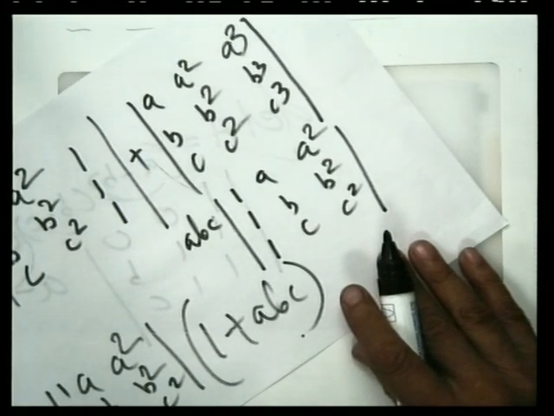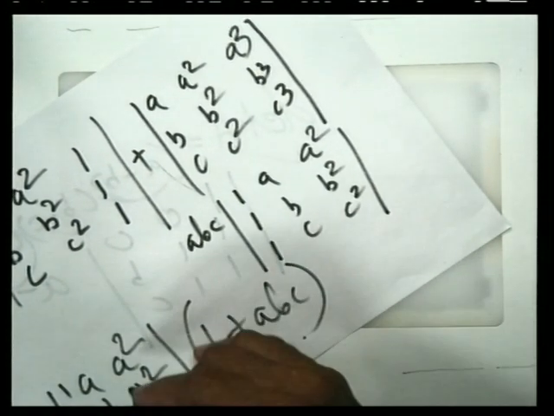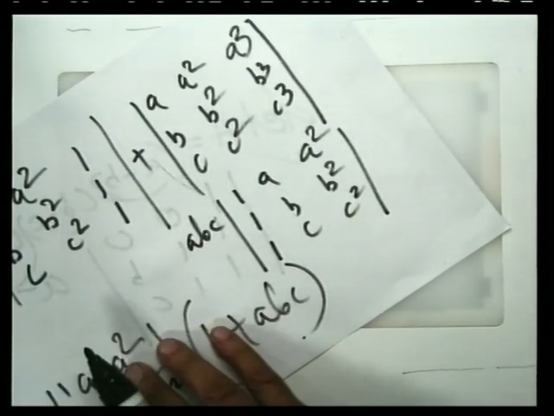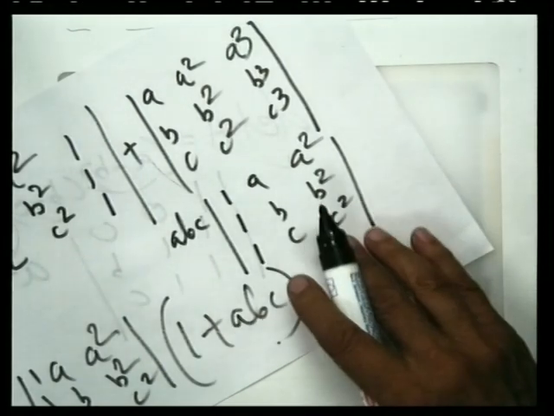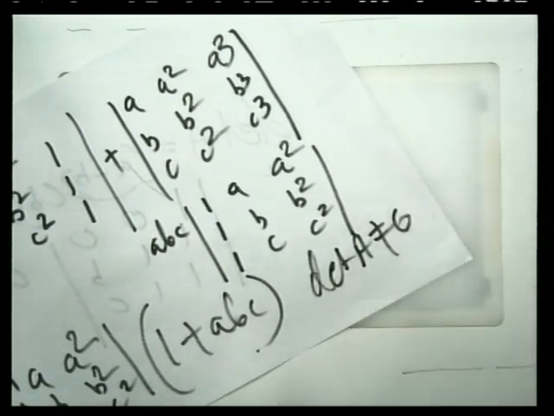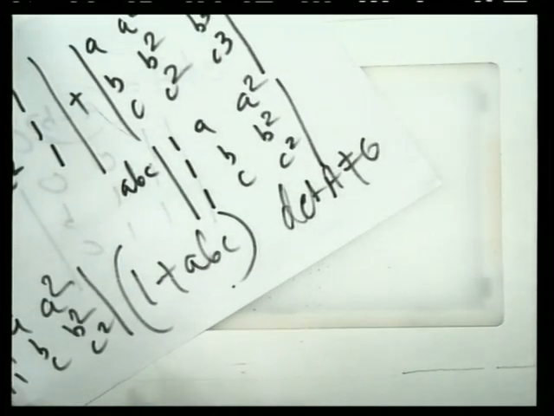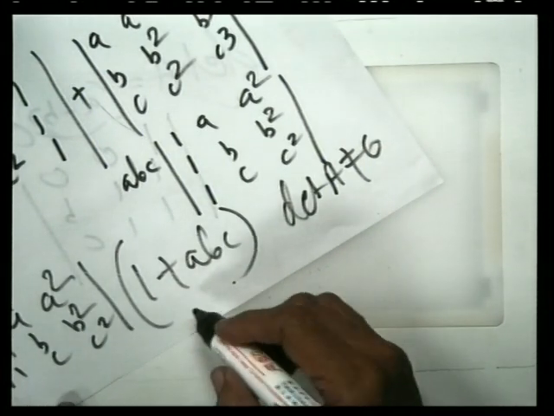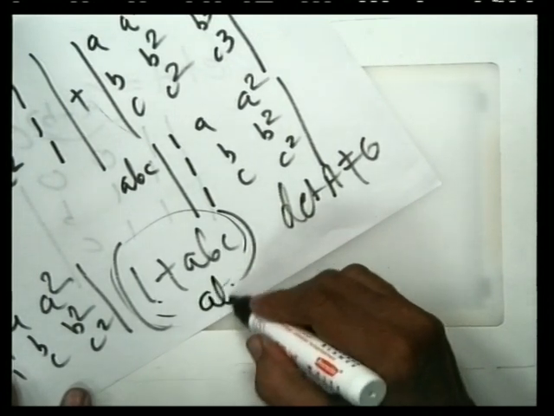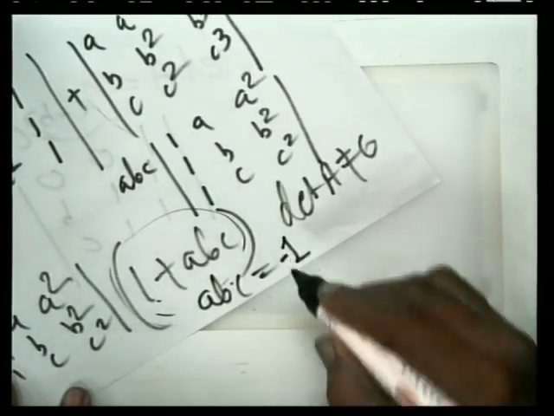So in that case, by the previous result, when a is not equal to b, b not equal to c, meaning a, b, c are distinct, then this determinant is not 0, because (a minus b)(b minus c)(c minus a) is not 0, and because we are in R, the real number system, the second factor, that is 1 plus abc, must be 0, and that gives the product abc equal to minus 1.